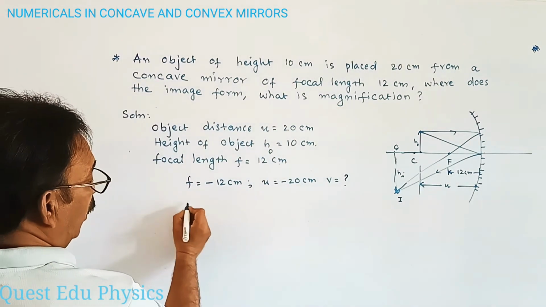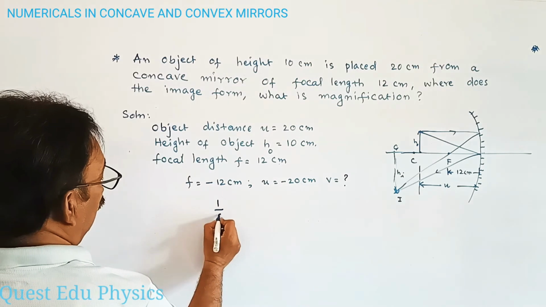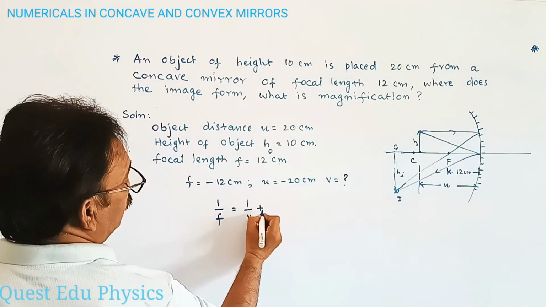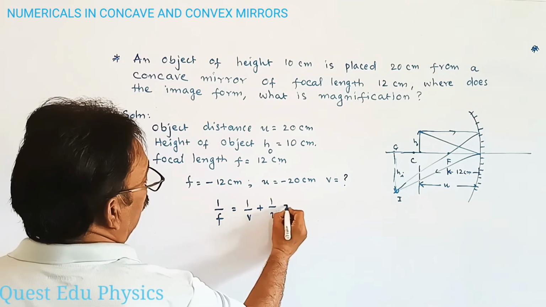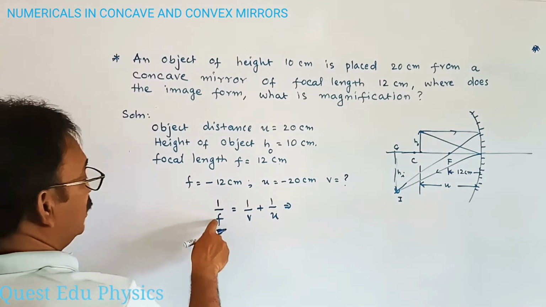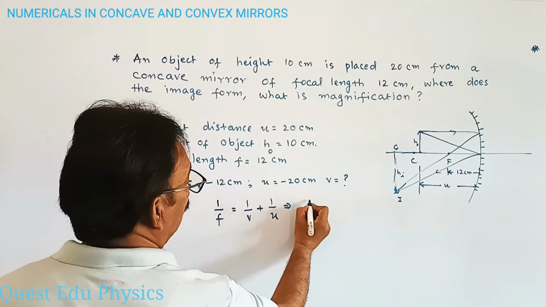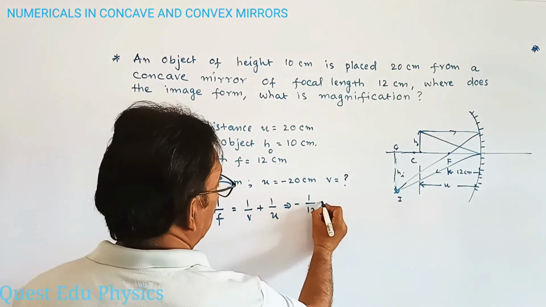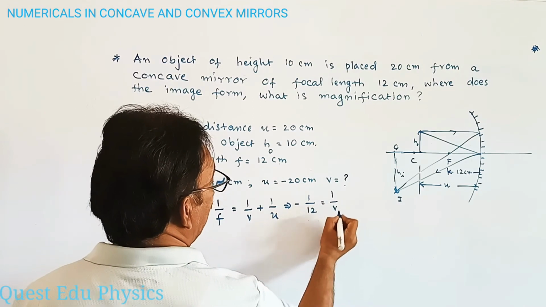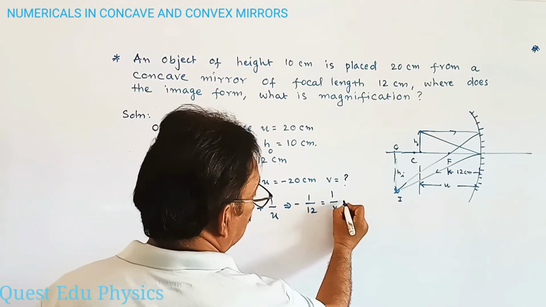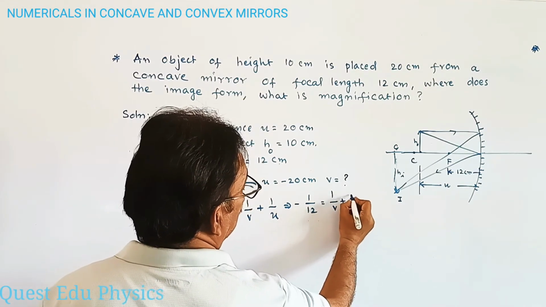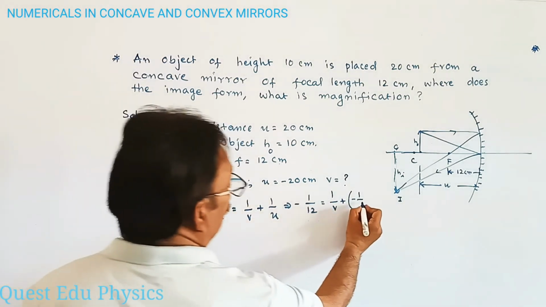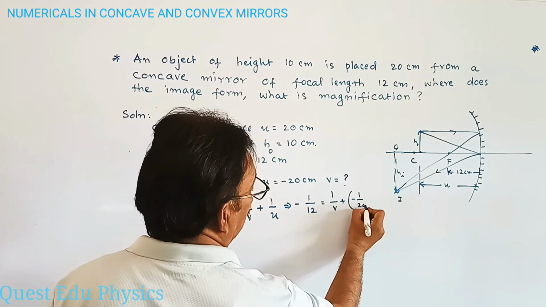From the mirror formula, we know that 1 by f is equal to 1 by v plus 1 by u. Okay, students, substituting the value of f, minus 1 by 12 is equal to 1 by v, we didn't apply any sign convention for image distance, plus minus 1 by 20.